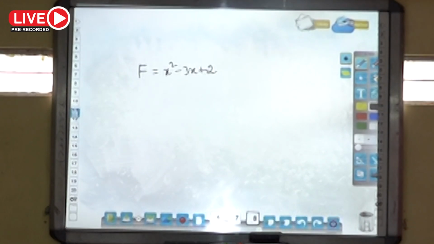You have to set df/dx equal to 0. From that you have x equal to 3 by 2. Then put that 3 by 2 in place of x in this expression to find the minimum force.